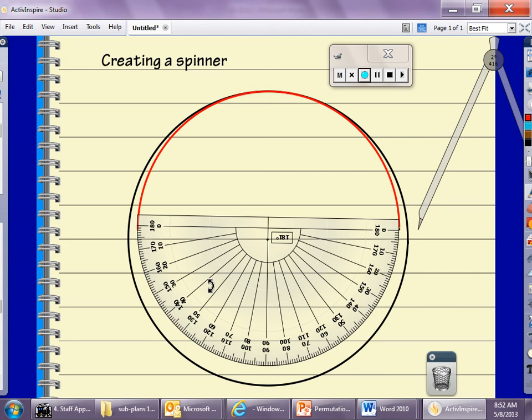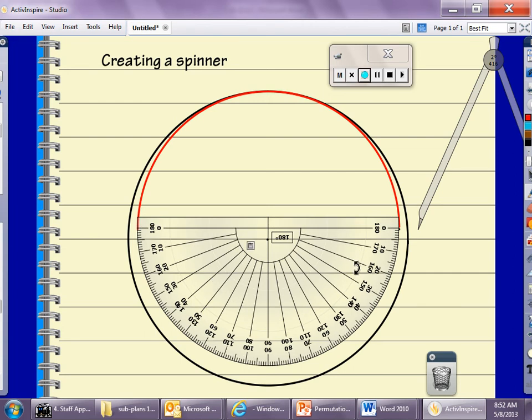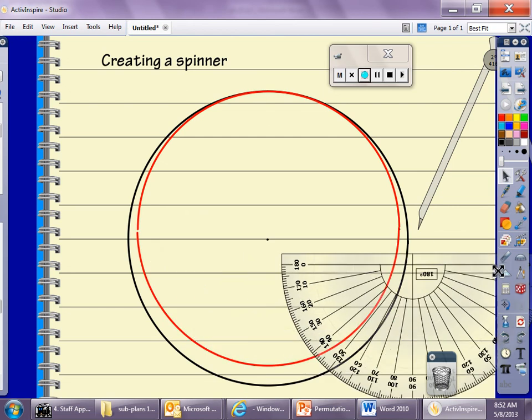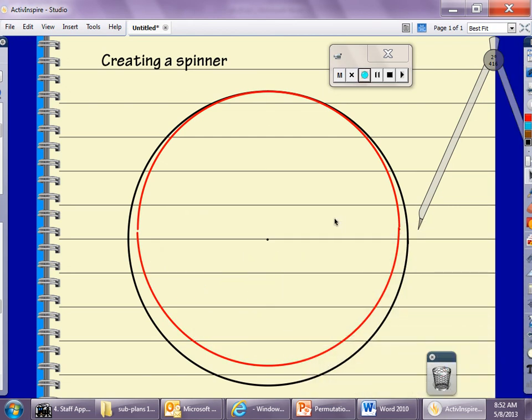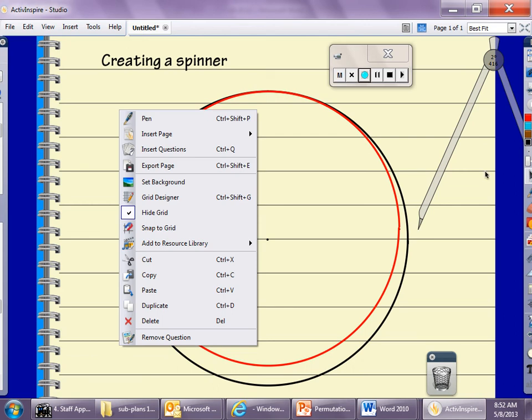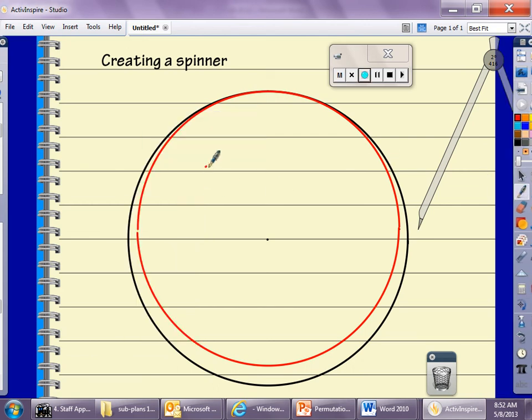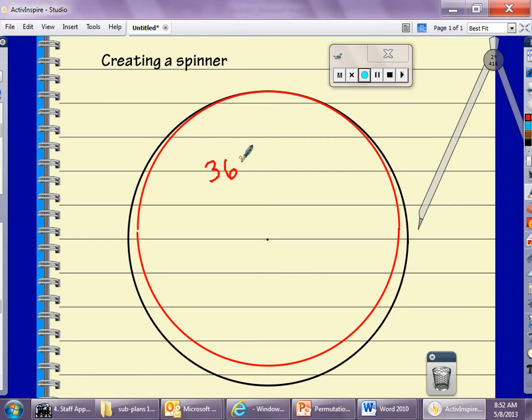Having trouble here, but we'll work on it. And then the other half of the circle is another 180 degrees, so together 360 degrees. Okay, so the whole circle equals 360 degrees.